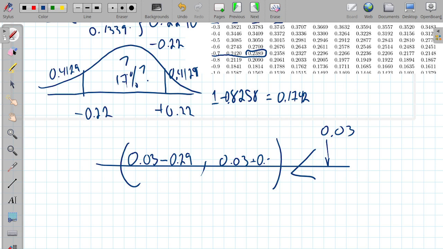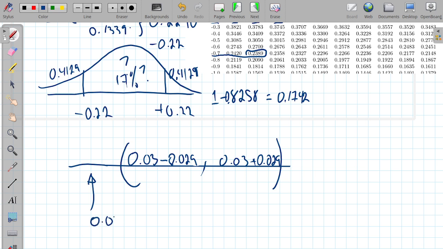0.029, and then over here I'm going to have 0.03 plus 0.029. Let's get this out of here because I got this on the wrong side. There we go. Boom. Over here, the measured difference is 0.03. Boom.